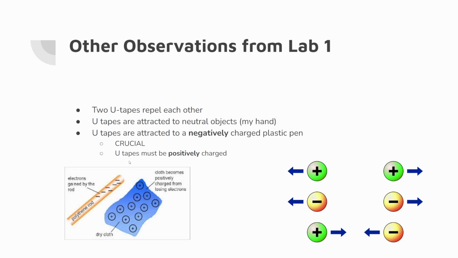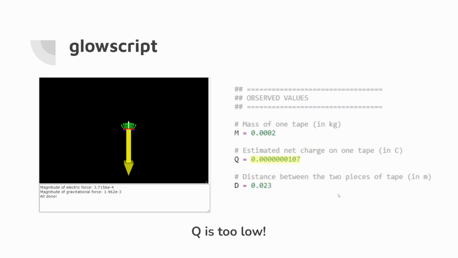This is crucial because it tells us that U tapes have to be positively charged because opposites attract. The negatively charged pen had to be attracted to the U tape only if the U tape was positively charged.